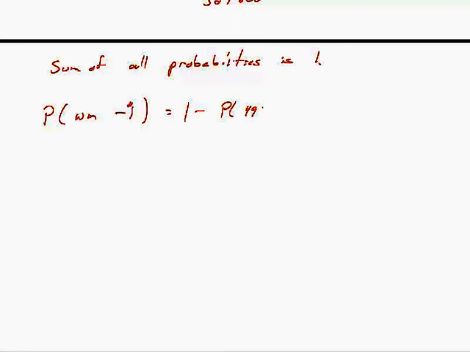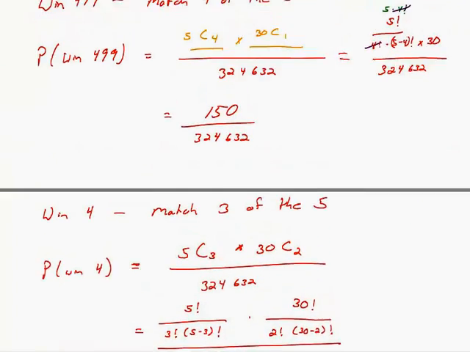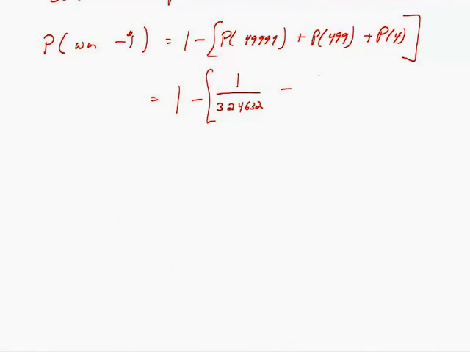So the probability that I have a net gain of negative $1 is 1 minus the probability of the $49,999 outcome, the $499 outcome, and the $4 outcome. That seems much easier to calculate. So I'm going to take 1 minus each of those probabilities. I had 1 over 324,632. The probability of $499 was 150 over that number.